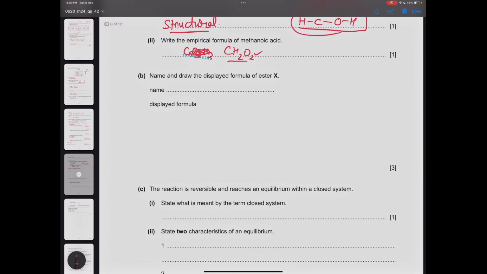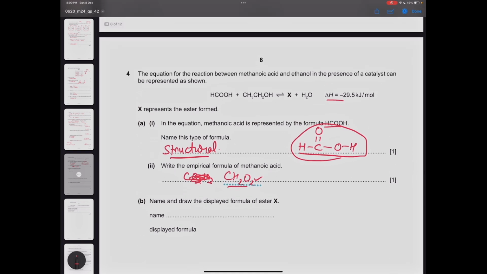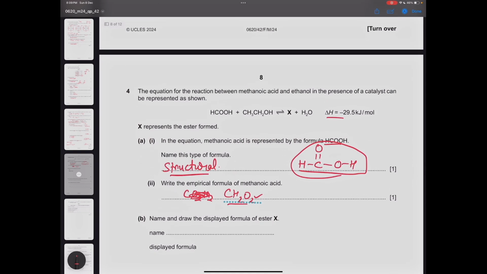Name and draw the displayed formula of ester X. Now, for this, I'll tell you a short trick. Alcohol gives you the alkyl part and acid gives you the oate part. I'm sure all of you are familiar with how esters are named. I'll give you an example of an ester: methyl ethanoate.